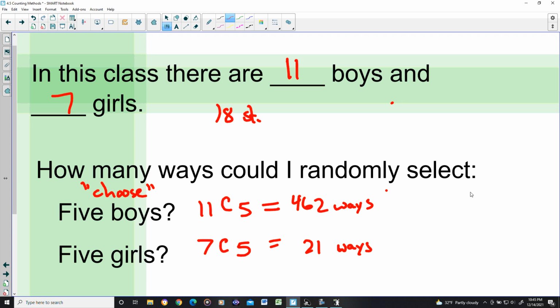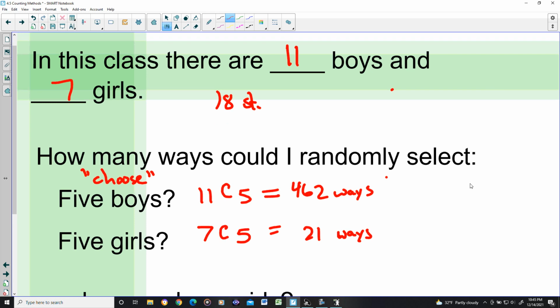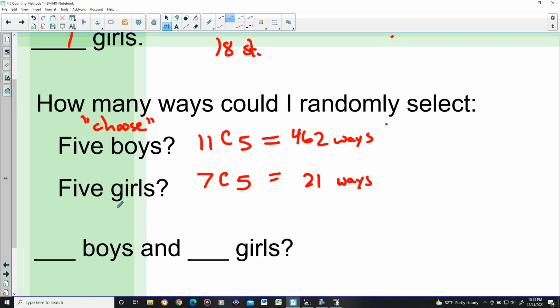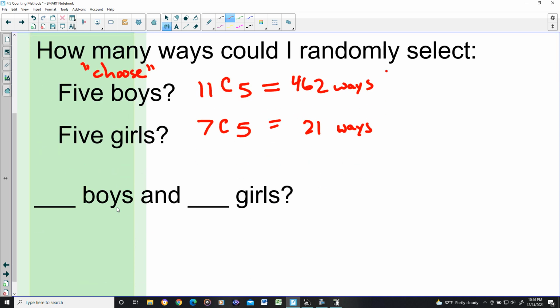Okay, so we can do this in lots of different ways. What if I wanted to randomly select a different group? Let's say I wanted a sample of 4 boys and 3 girls. Now, the word and, of course, means multiply.